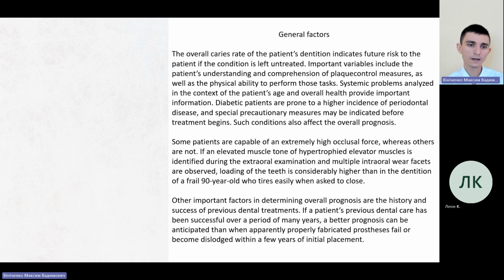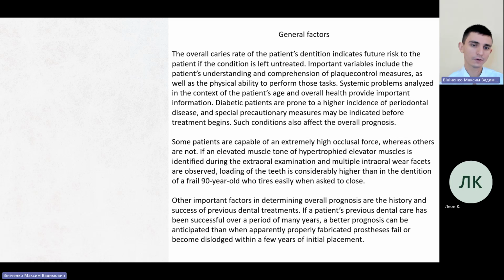Systemic problems analyzed in the context of the patient's age and overall health provide important information. Diabetic patients are prone to a high incidence of periodontal disease, and special precautionary measures may be indicated before treatment begins. Such conditions also affect the overall prognosis.